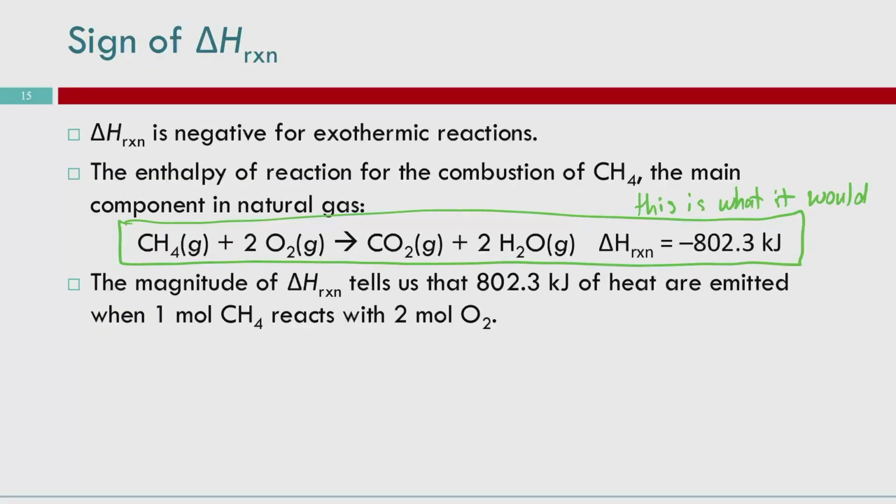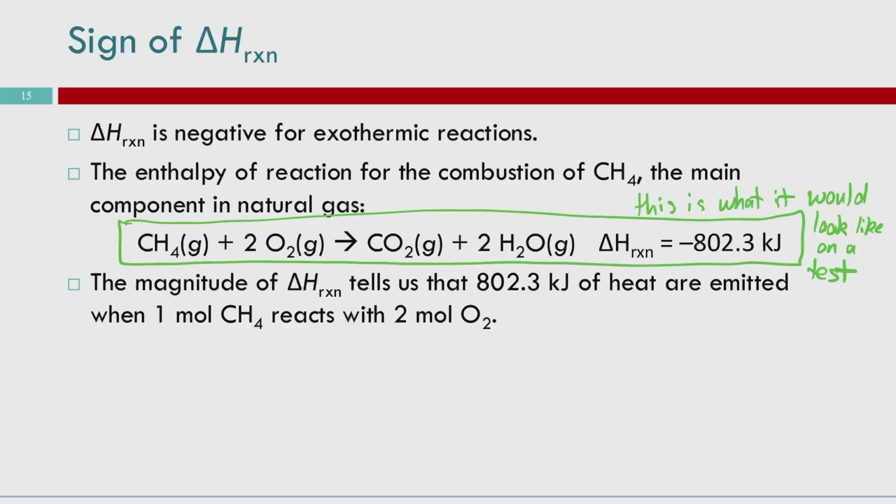This is what it would look like on an exam, on a test, for example, or on a homework problem, perhaps. So we'll have our balanced chemical equation, and then we'll also have, to the right of that, a delta H rxn, and then some value.